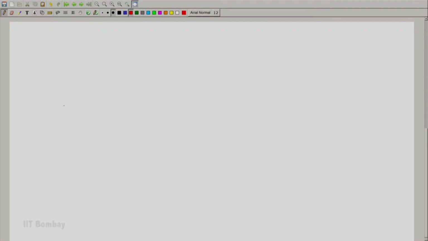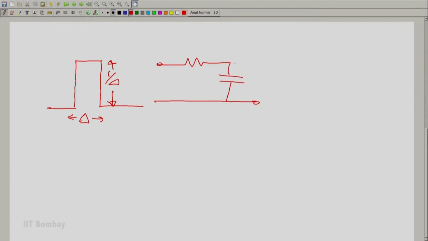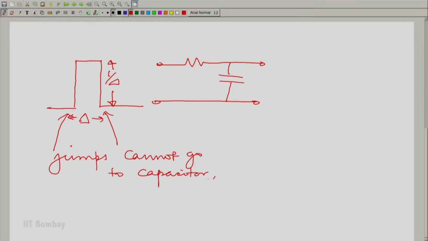So, you see, let me draw the situation, that will make it more clear. So, the unit impulse started from a very narrow pulse as usual. There we go again, a delta with a 1 by delta height, and this was applied. Now, this sudden change, these jumps cannot go to the capacitor, so they go to the resistance.